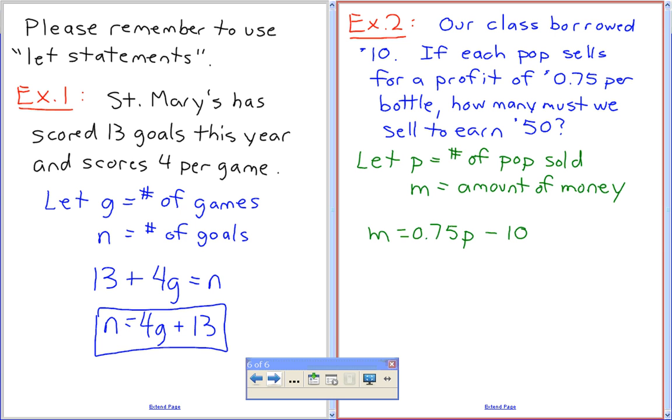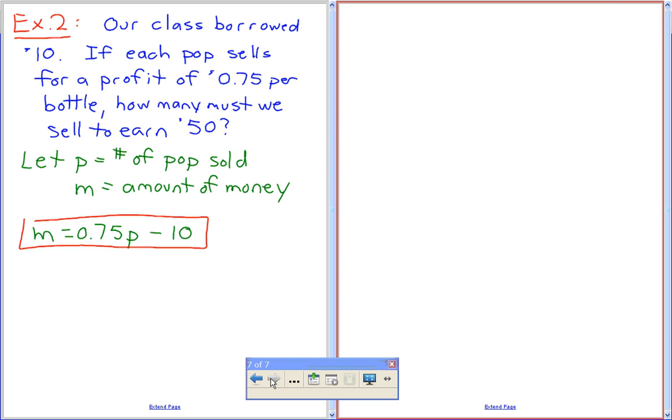Now for the mathy part. How many must we sell to earn $50? Okay, who do we stop at? Alexander, we're up to you. The question says, how many must we sell to earn $50? Where does that go in, the $50?